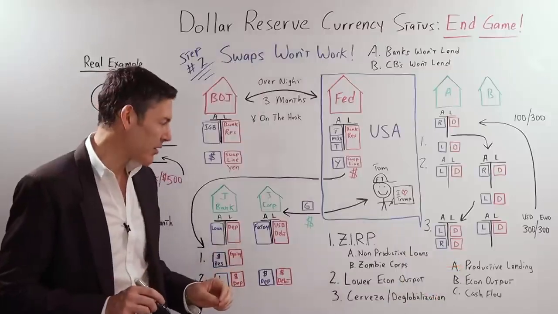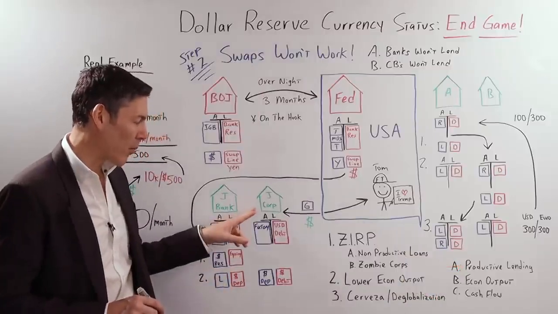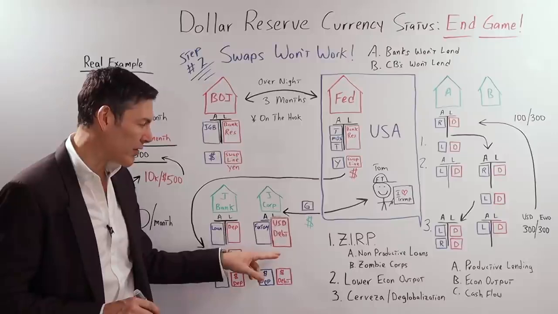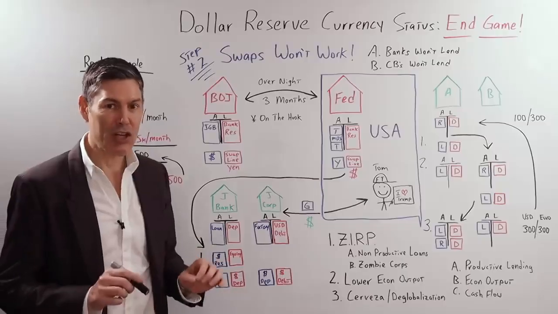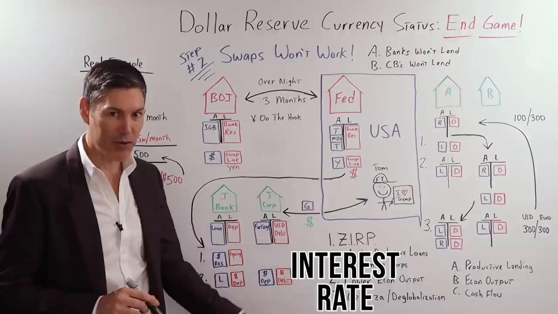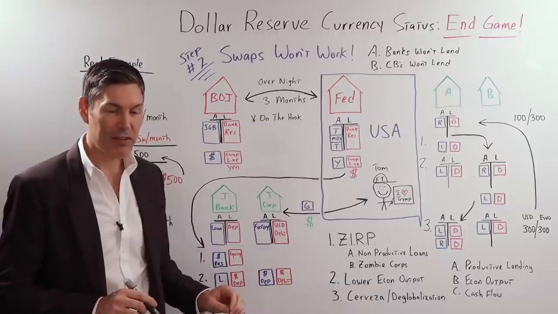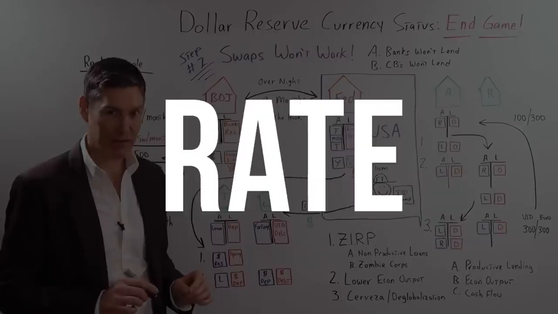But let's think about this. Let's say the Japanese corporation took out all this USD debt during ZIRP. We'll call it back in 2012, 2013. So if the interest rate is almost zero, that means the hurdle rate, is what they call it.